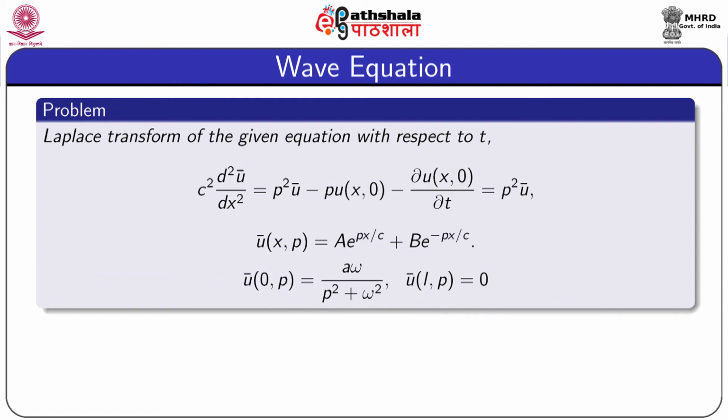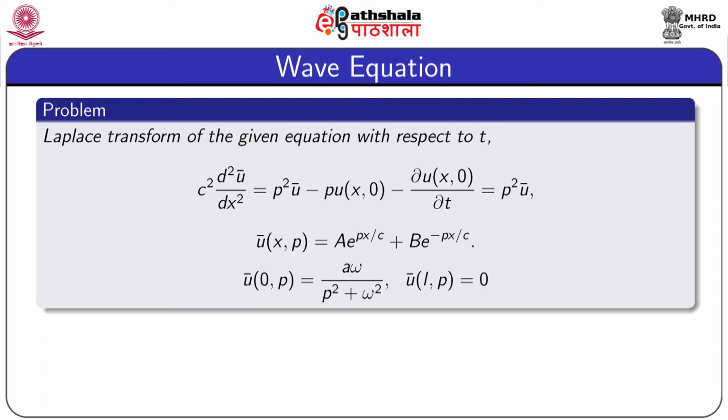If you take the Laplace transform of the given equation, we obtain the same equation which is written in the first line of this slide, and if we put the values of u at x, 0 and del u by del t at x, 0, we obtain the equation c square d 2 u bar by dx square equals p square u bar, where p is the transformed variable and u bar is the Laplace transform of u.